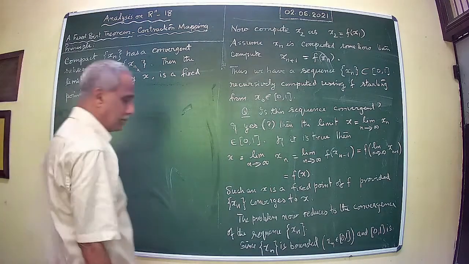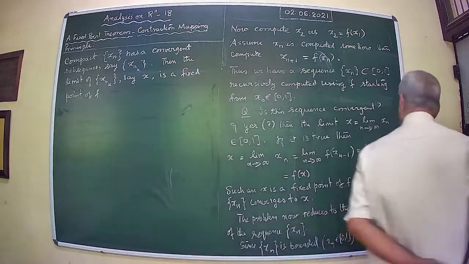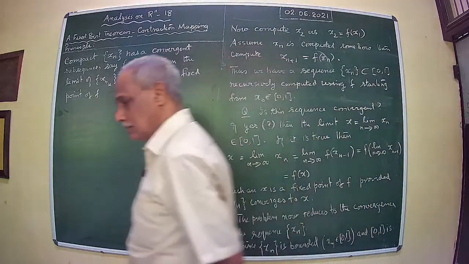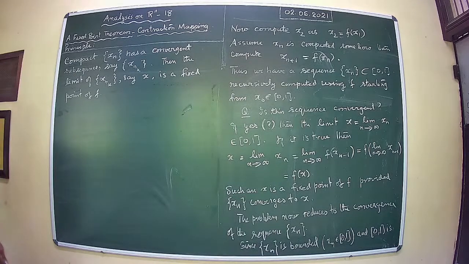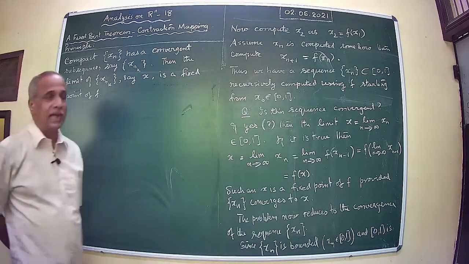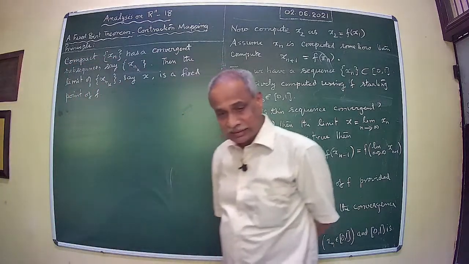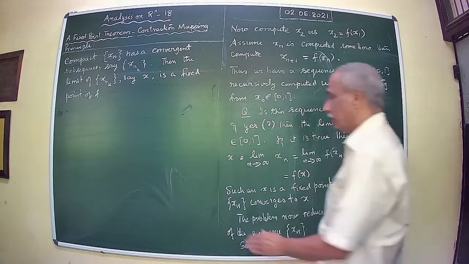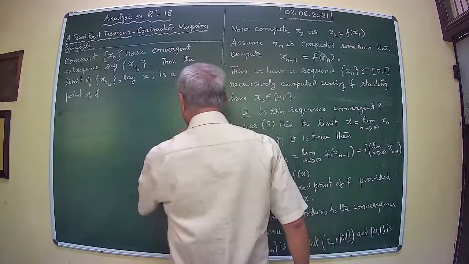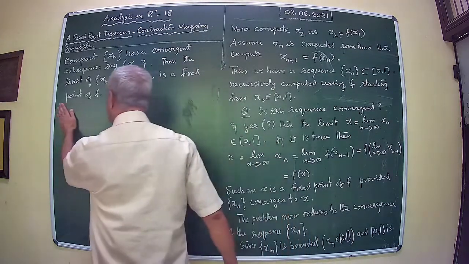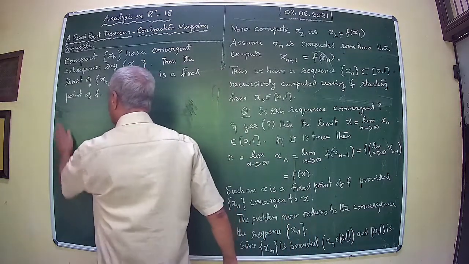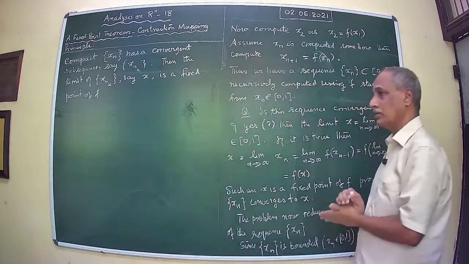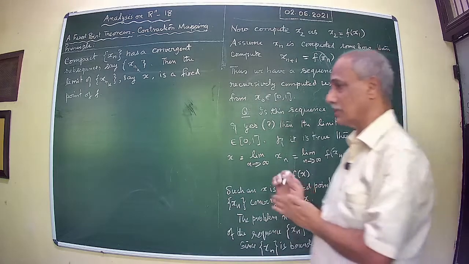Now there is a problem here. Is this unique? Does there exist only one fixed point for f? The answer to this question is not necessarily. Why? Because this theorem does not guarantee that there is only one convergent subsequence or that the sequence itself is convergent.